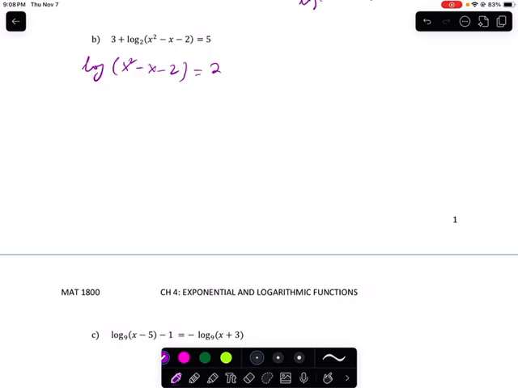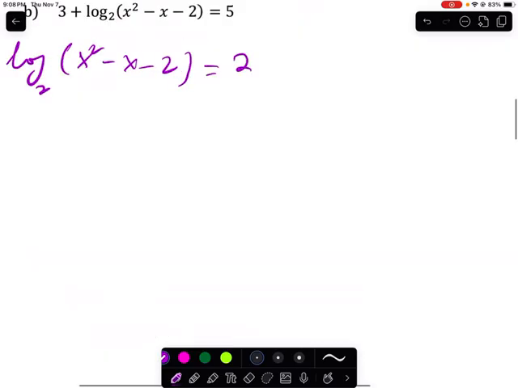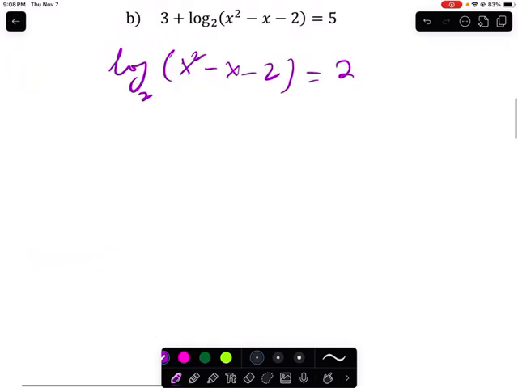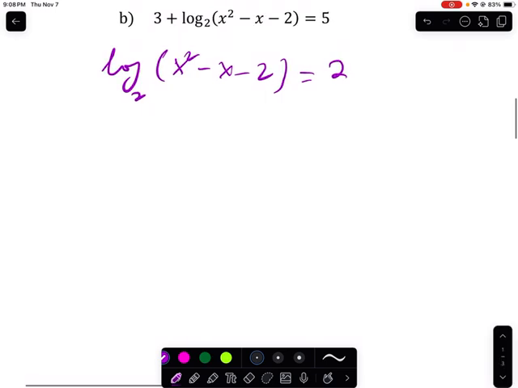So what do I do from here? We can convert it to, this is at base 2, so we can convert it to exponential form. So I say 2 raised to the power 2 equals x squared minus x minus 2.